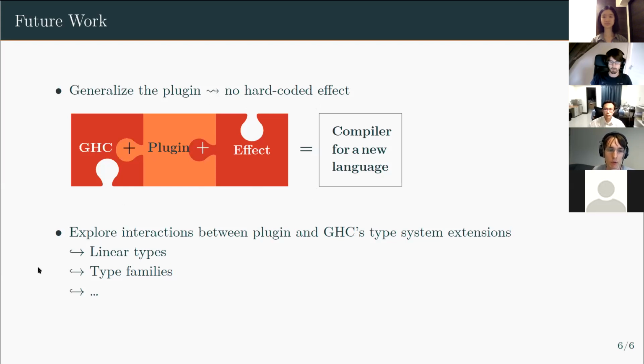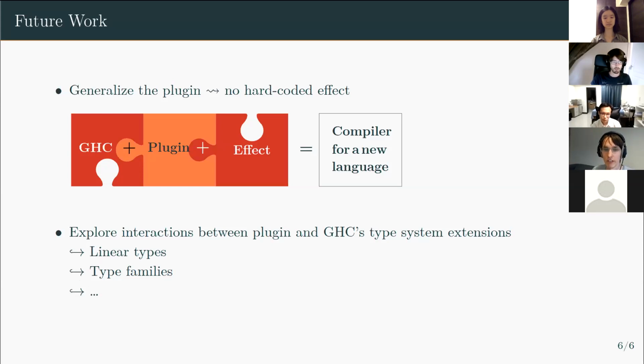And the other thing we want to explore is the interaction between our plugin and GHC's extensions, mainly the extensions to its type system. With the new GHC, we have extensions like linear types, or we have older extensions like type families, and we haven't actually looked at those extensions in the context of our plugin.